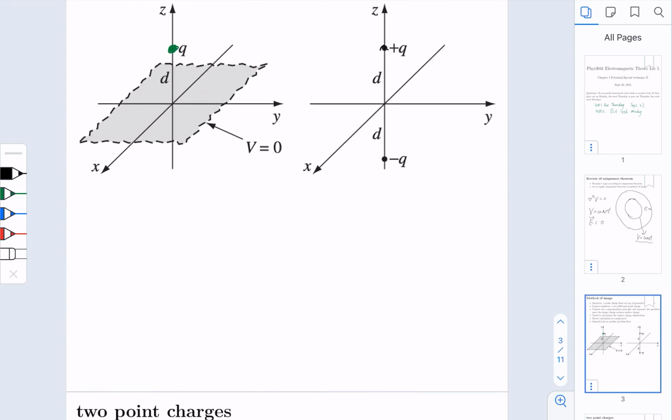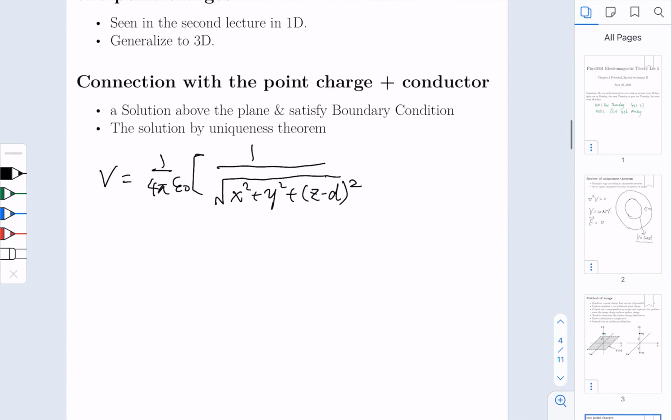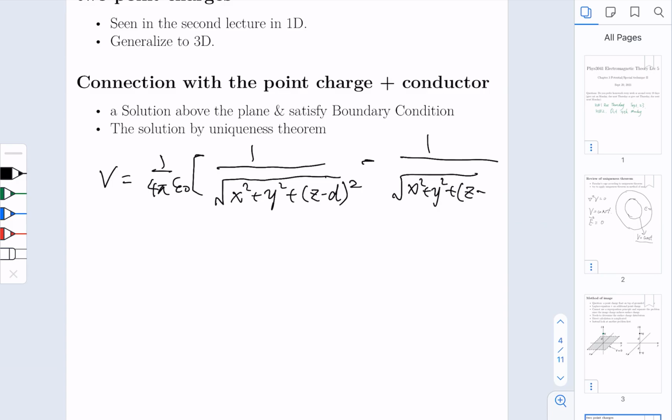This is the contribution for the first, top charge. And now the contribution from the bottom negative charge is simply the negative of the square root of x squared plus y squared plus z plus d, squared, where this curly R is with respect to a slightly different coordinate. And this is the total potential for the two-point charges.